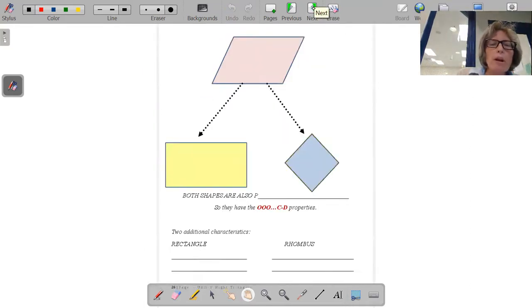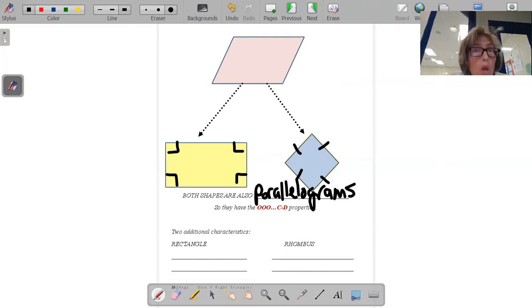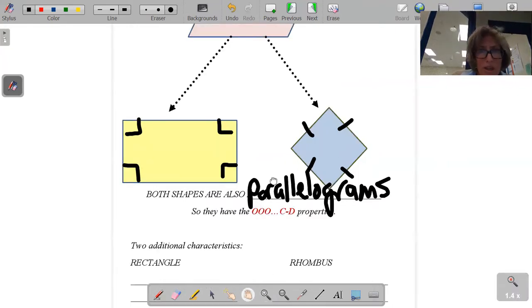So when I have a parallelogram, for a rectangle, you have 4 right angles. For a rhombus, you have 4 equal sides. So both shapes are parallelograms. They have all the qualities of a parallelogram, which are the OCD qualities.